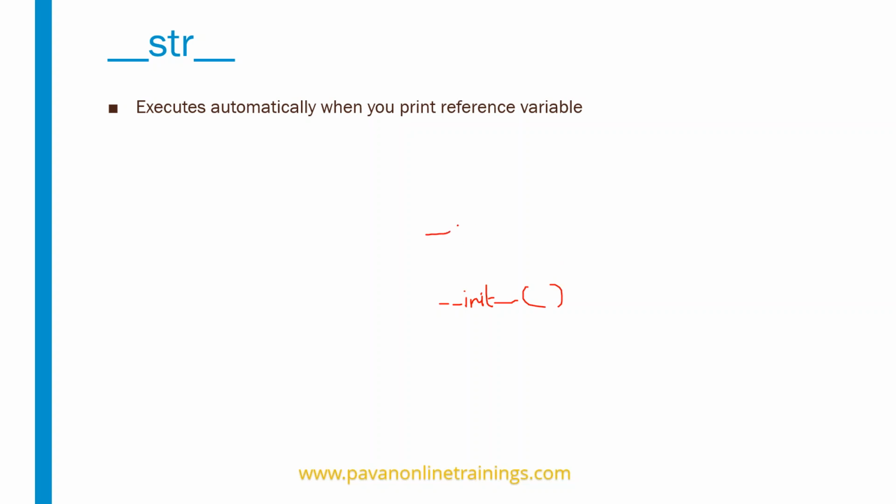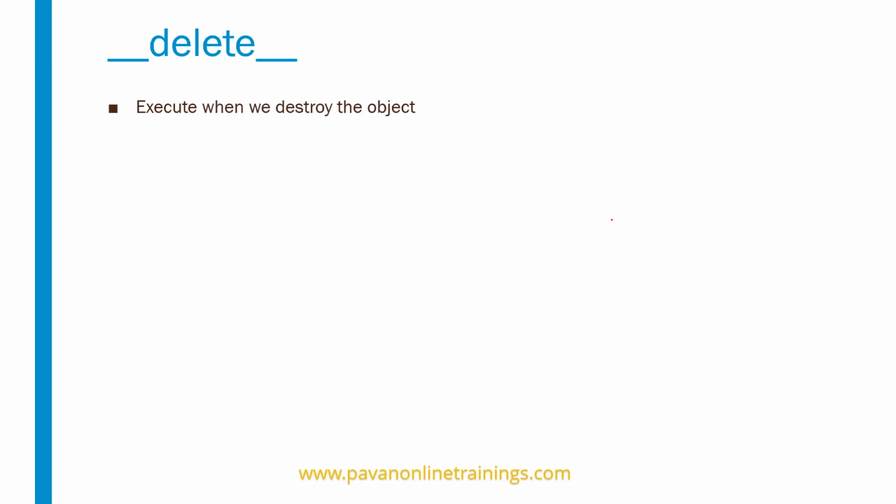And similarly, we have __str__. So when this will be executed? Suppose you want to print the reference variable, then __str__ will automatically be invoked. And whenever I want to destroy an object, then the __del__ method will be automatically executed.